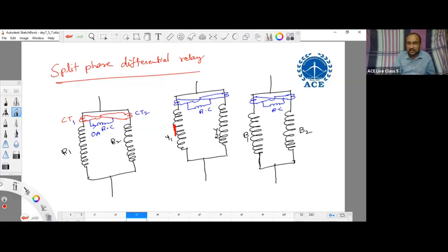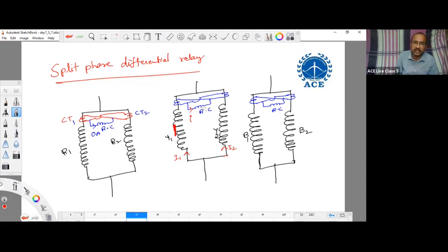So Y1 and Y2 do not have the same effective number of turns, and the induced EMF will not be the same. So the currents in Y1 and Y2 will not be the same. The difference of the currents will flow through the relay coil and the relay will operate.